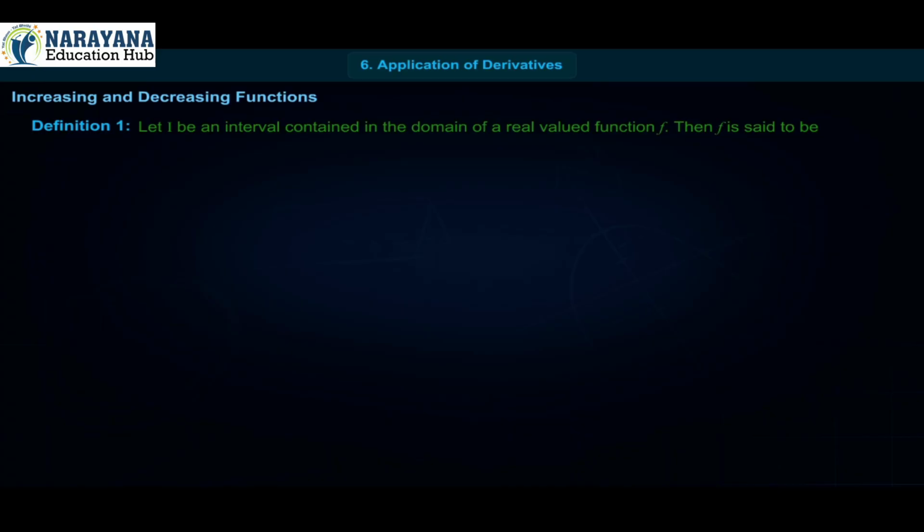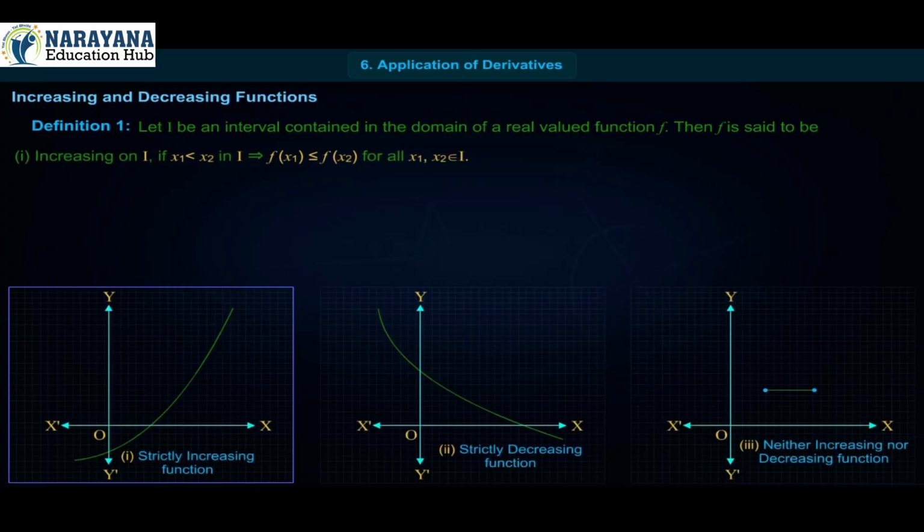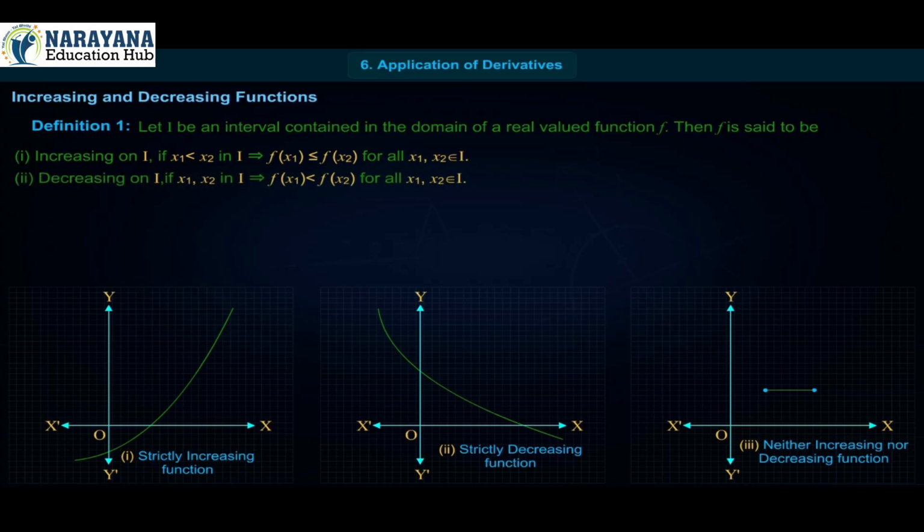Then f is said to be: Number 1, increasing on I if x1 is less than x2 in I, which implies that f of x1 is less than or equal to f of x2 for all x1, x2 belongs to I. Number 2, strictly increasing on I if x1 is less than x2 in I, which implies that f of x1 is less than f of x2 for all x1, x2 belongs to I. Number 3, constant on I if f of x is equal to c for all x belongs to I, where c is a constant.